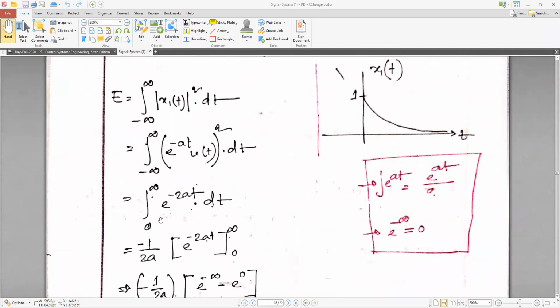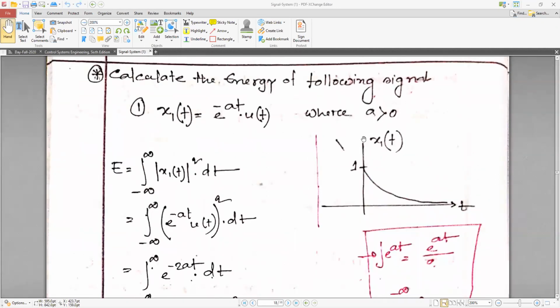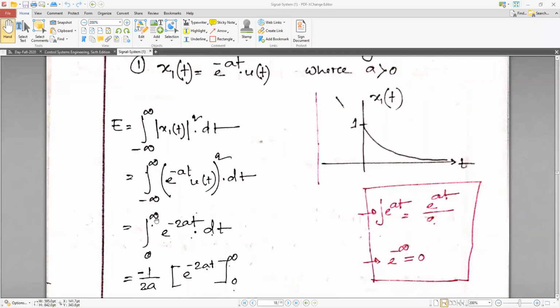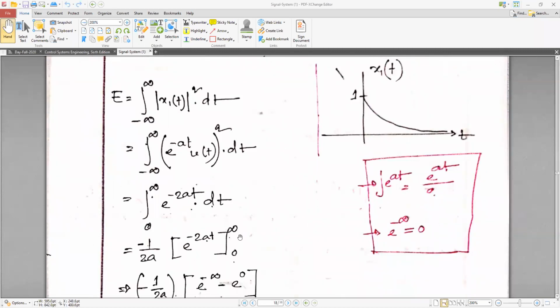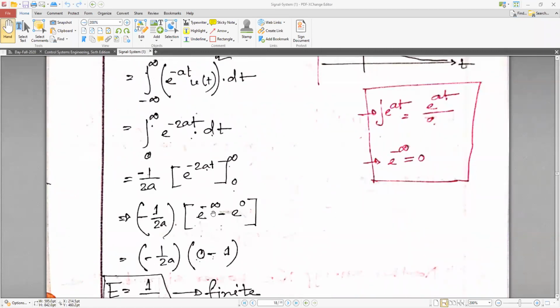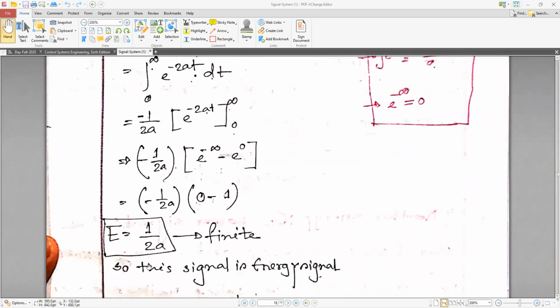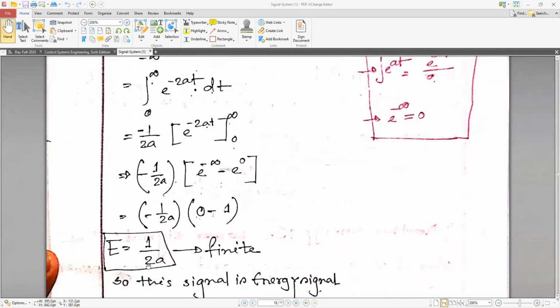Minus 1 by twice a, and since a is greater than 0, the limits are 0 to infinity: minus 1 by twice a times e to the minus infinity minus e to the 0, which is 1. So minus becomes plus, and it is 1 by twice a. That is the final value.